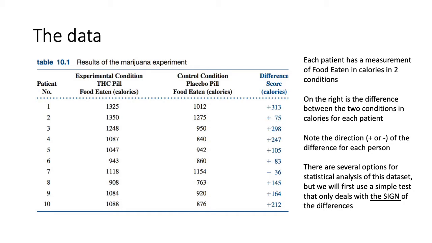So that's two options, binomial. And that allows us to obtain a probability of the result that we have, which is 9 out of 10 pluses. But before we do that, we're going to develop a little bit more of the logic of what we're about to do.